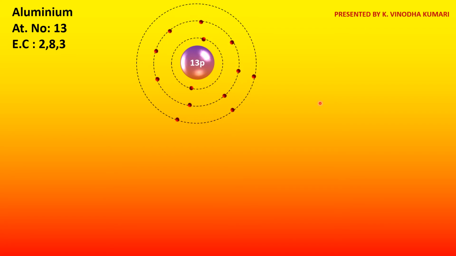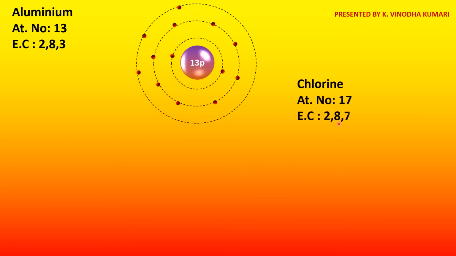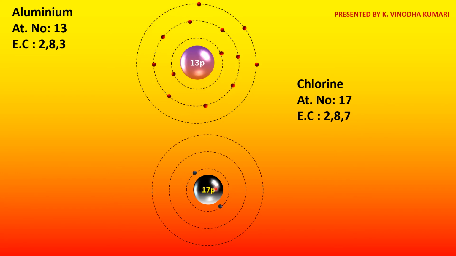Chlorine, its atomic number is 17 and its electronic configuration is 2, 8, 7. So these are the 17 protons. In the first shell it contains 2 electrons, in the second shell 8 electrons, and in the third shell 7 electrons.